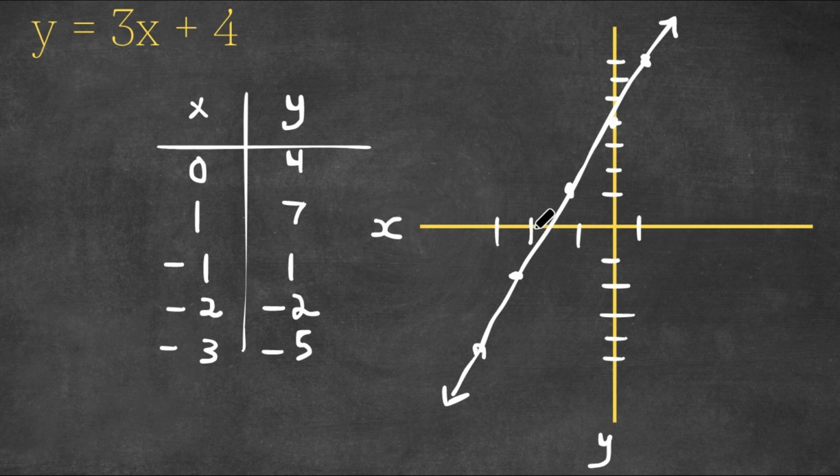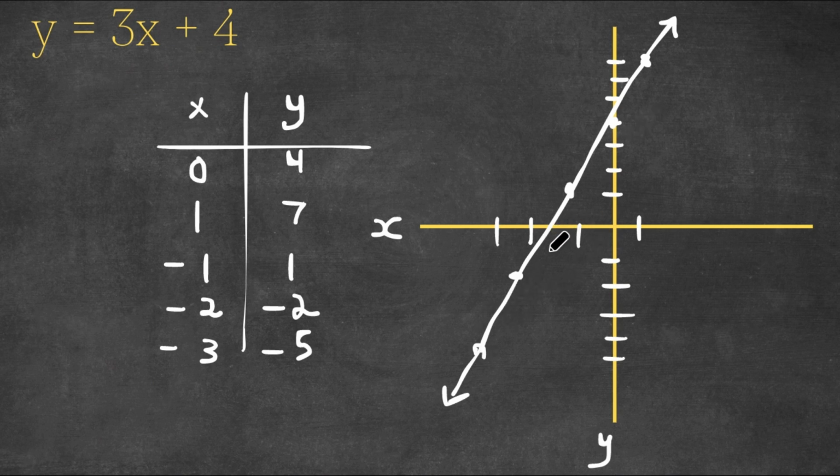For each axis, it intersects the axis once. And that is what is known as an intercept, the point where our line intersects our axis.